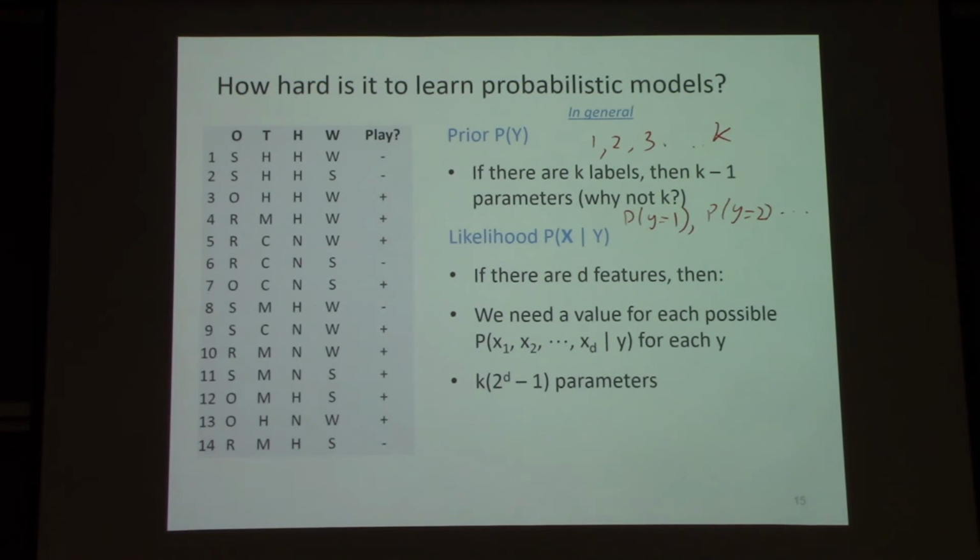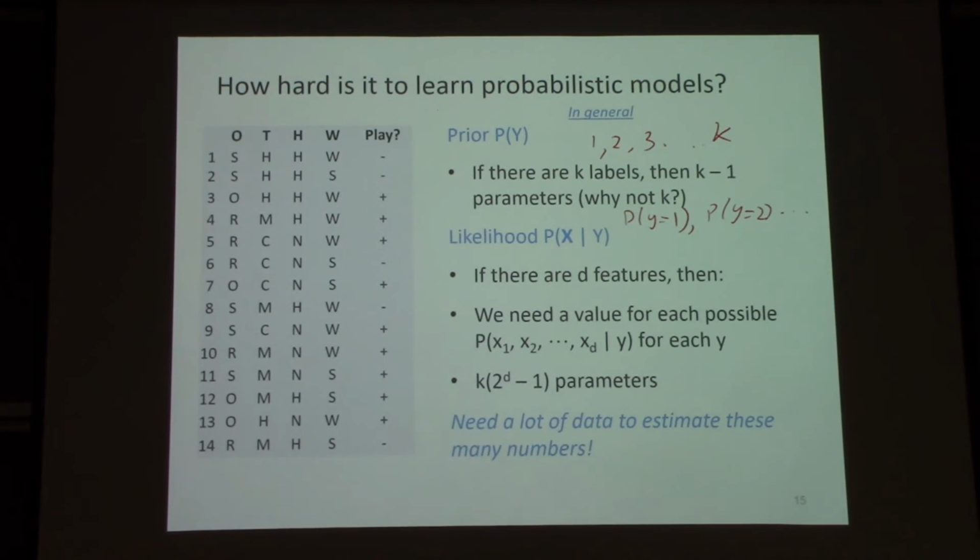And you need 2 power d minus 1 parameters for every possible value of the label, because we need p of x given y. For every value that y can take, we need a different table. Earlier we had only 2 labels, so we had 2 tables. Now we have k labels, so you have k tables, each one exponentially large in the number of features.